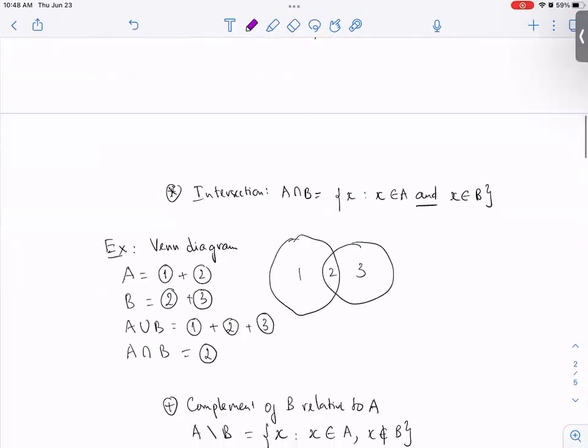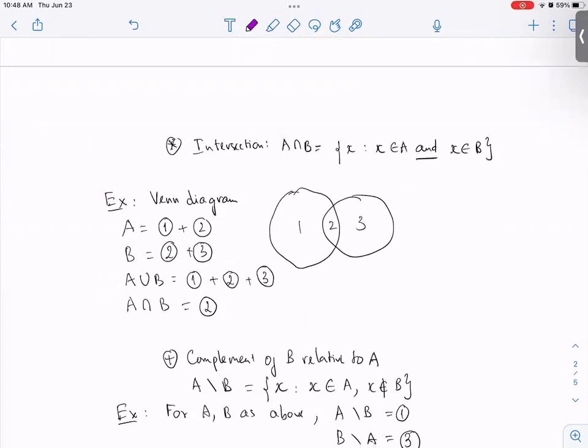Another operation is the intersection. So you can define the intersection of two sets, and that is another set. And that set satisfies the following property.